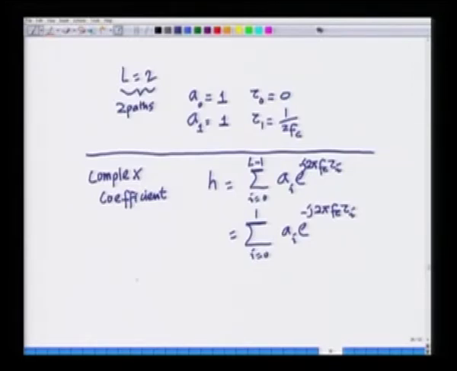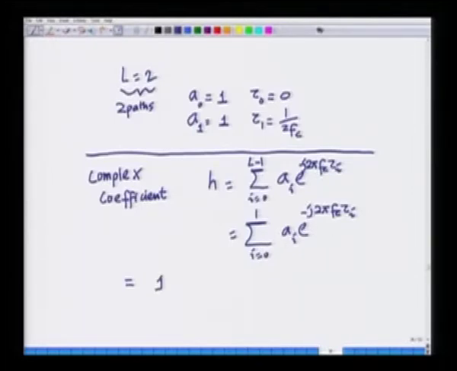Now, for the first path, this is A0, which is 1 times e power minus j 2 pi F c tau 0, and tau 0 is 0. So, e power minus j 2 pi F c tau 0 is e power 0, which is 1.